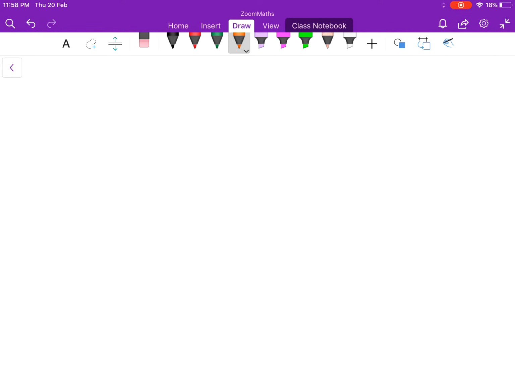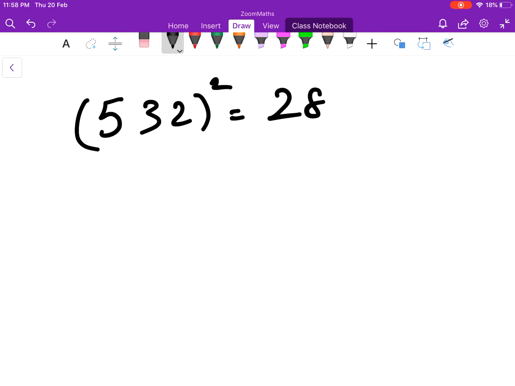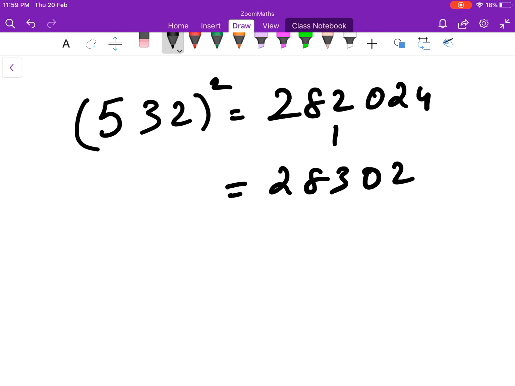Let's go ahead quickly. 532 square. 532 square is 282, and 32 square is 1024, so I carry that one over here. It's 283,024, your answer. How do you get this?